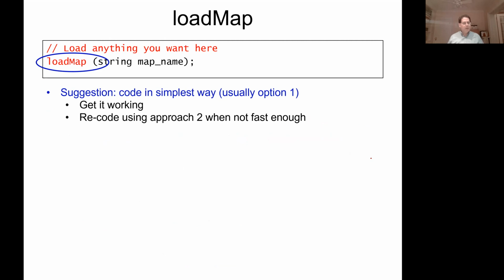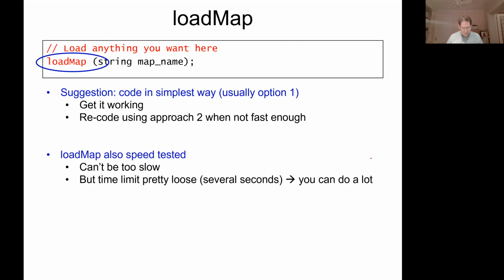So it's not going to be throwaway code, even when you have to load some data structure in order to make it fast enough. The advantage of this is it's always really dangerous in a program when things aren't working. You want to get something working as fast as you can and then improve it. And coding in the simplest way gets you passing functionality sooner, and then you can work on performance. So that's my suggestion.